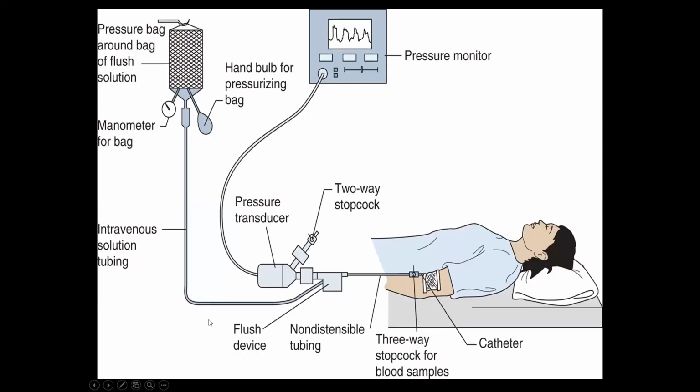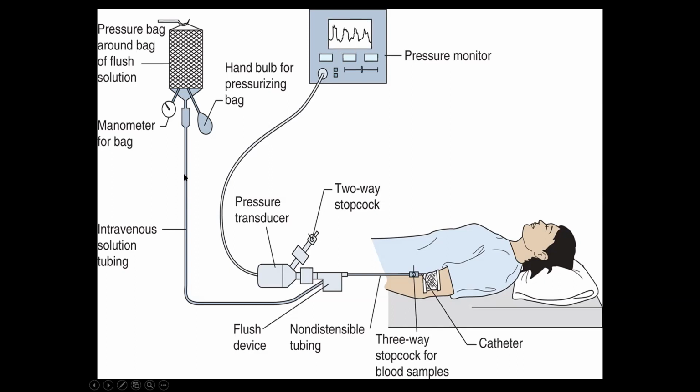So here's your pressurized bag and tubing. This is your transducer, and I'm going to shut off the screen in a minute and show you what our transducer looks like. And then off of the transducer is this wonderful little plug that we plug into the monitor to get that waveform up there. So you see that.